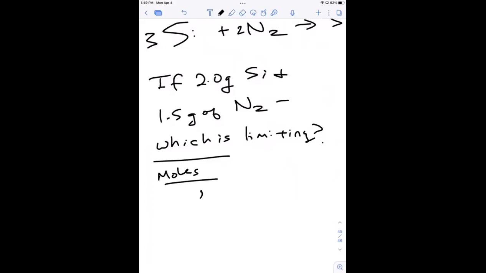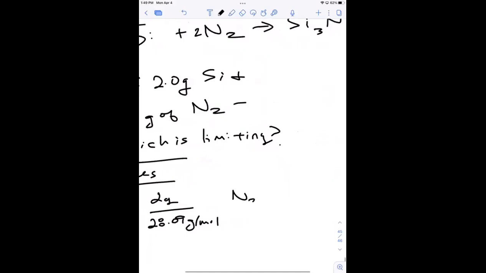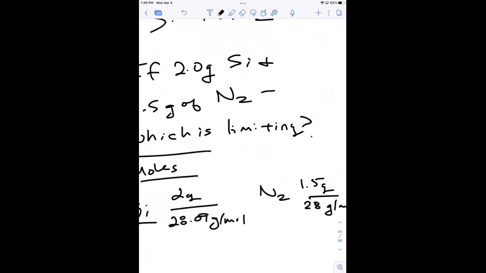So that's going to be 2 grams divided by 28.09 grams per mole for silicon. And for nitrogen, since it's diatomic, it's going to be 28. So it's going to be 1.5 grams divided by 28 grams per mole. All right.